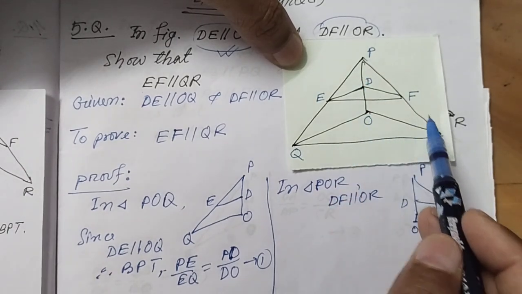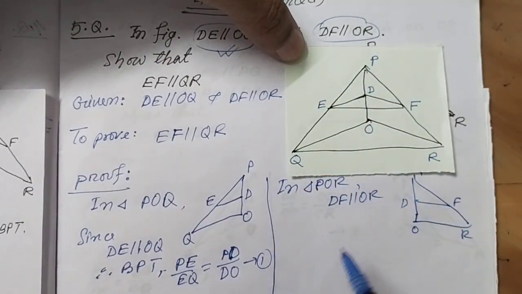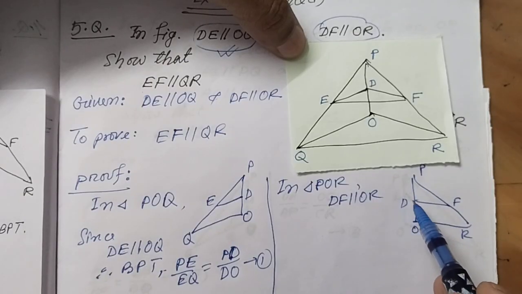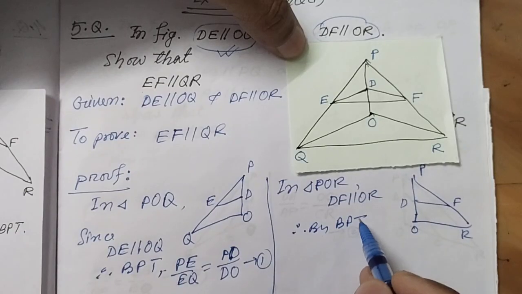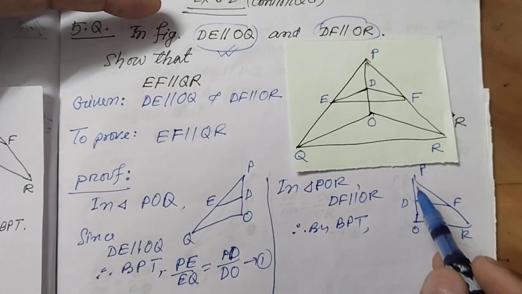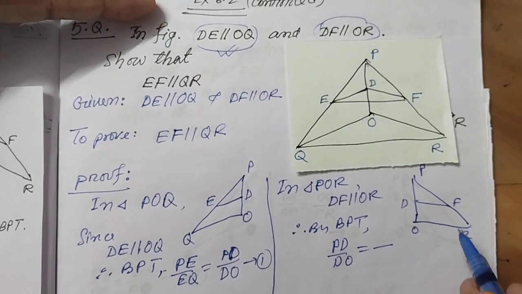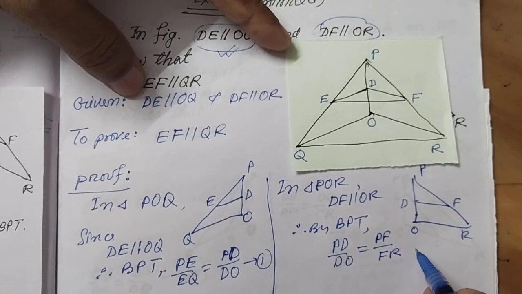We are taking out this part because of the condition DF parallel OR. Again, since DF parallel OR, by BPT we can say PD by DO is equal to PF by FR. So we can mark it equation 2.